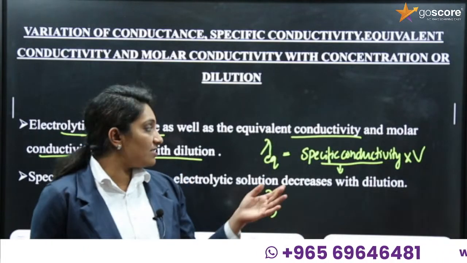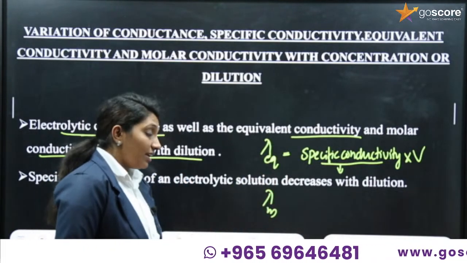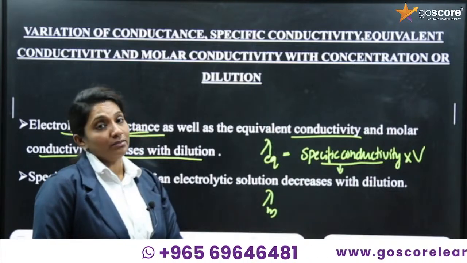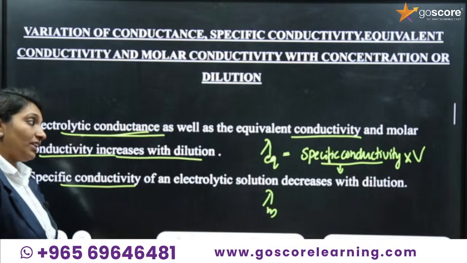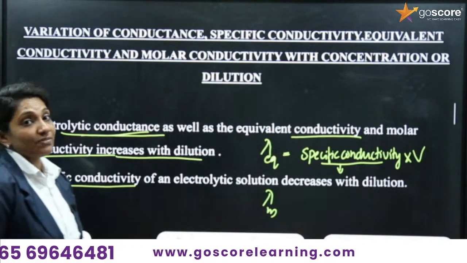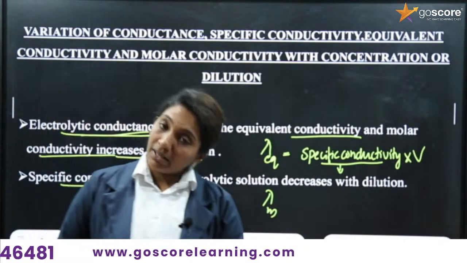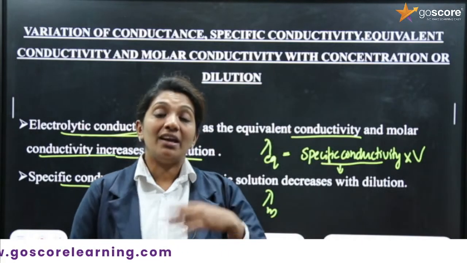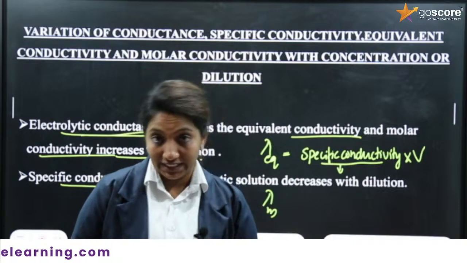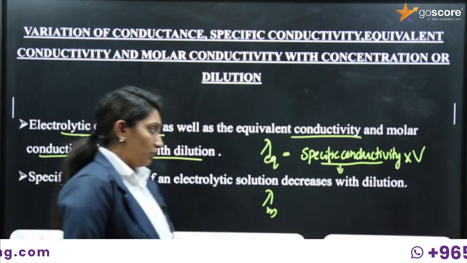As the volume increases, there will be an increase in the equivalent conductivity and molar conductivity, whereas the specific conductivity of an electrolytic solution decreases with the dilution because the number of charge carrying particles per liter will be decreasing upon dilution.